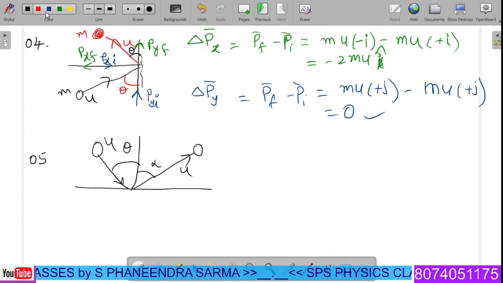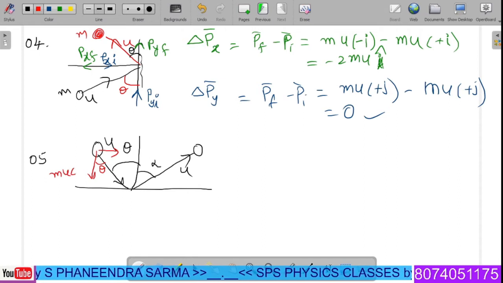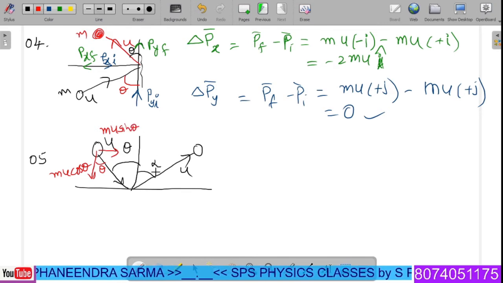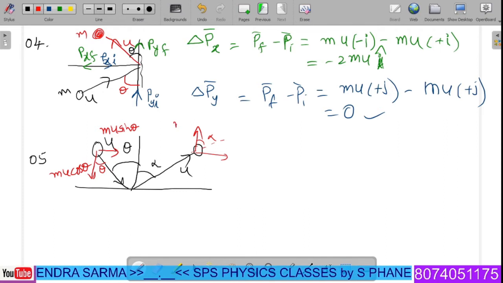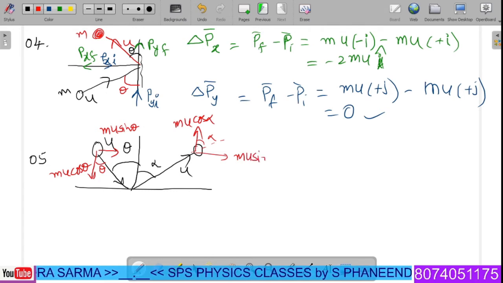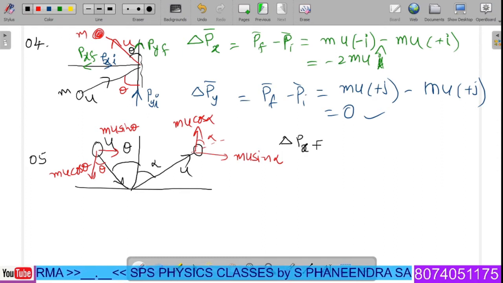In such a case, how do you find the change in momentum of the system? Let us resolve along the components. Here the angle is theta, so you can write mu cos theta in this direction, and mu sin theta here. Here we have alpha degrees, so you can write mu cos alpha here, and mu sin alpha here. Now let us first find the change of momentum along the x component.